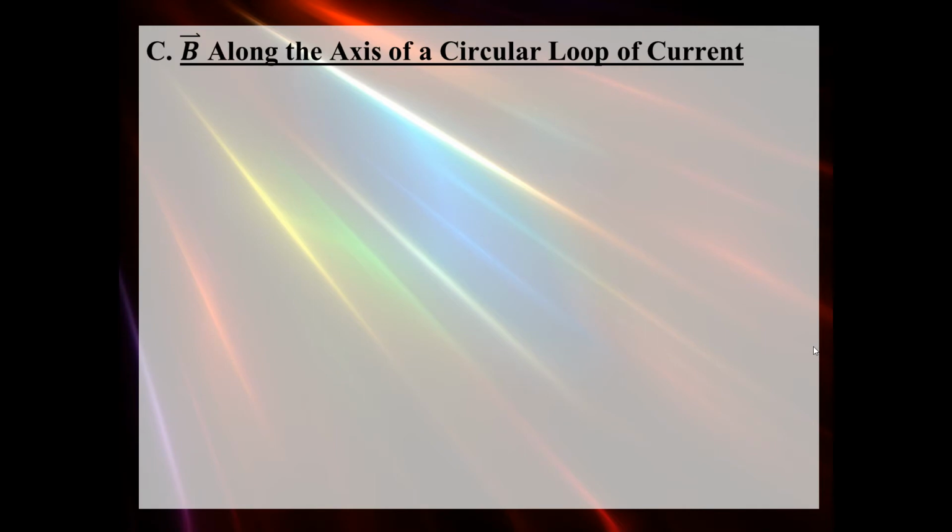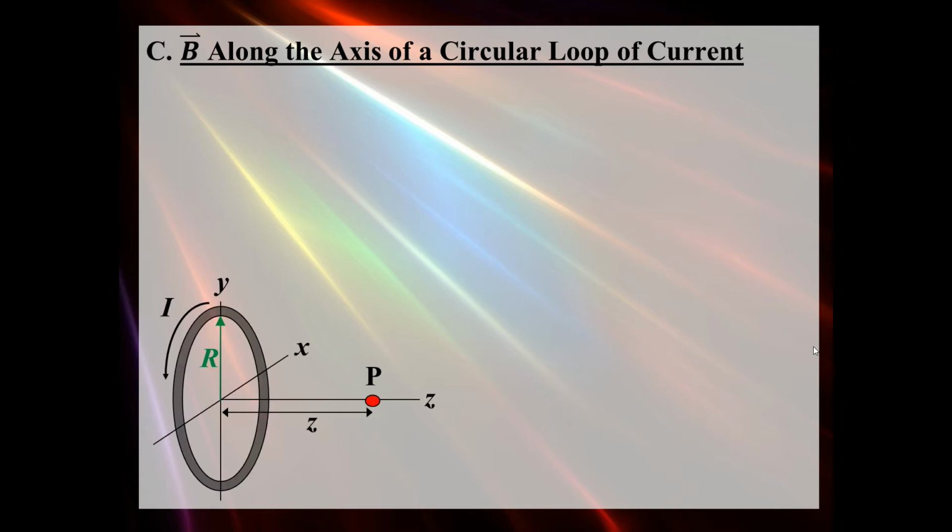Now, we want to apply the Biot-Savart law to something a little bit more complicated, and specifically something that Ampere's law would not work for. So we're going to apply this to a ring that has a current passing through it. If you were to view this ring from the right side of the page, from the z-axis, then the direction of current through that ring would be counterclockwise.